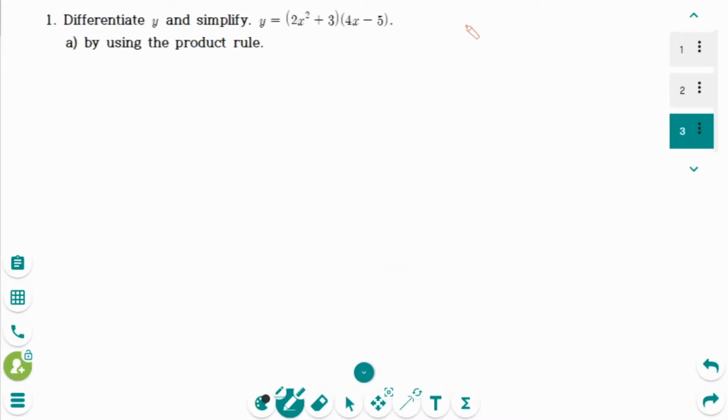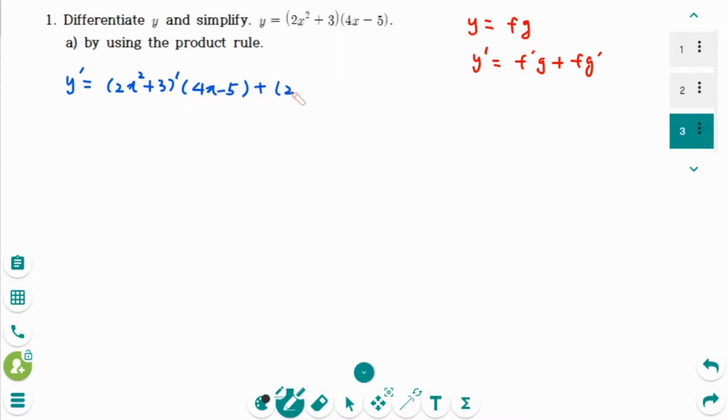Number 1, if y equals f times g, then y' equals f' g plus f g'. So y' equals (2x squared plus 3)' times (4x minus 5) plus (2x squared plus 3) times (4x minus 5)'.